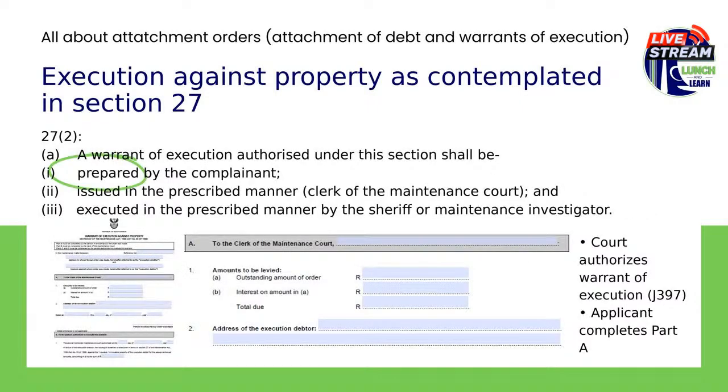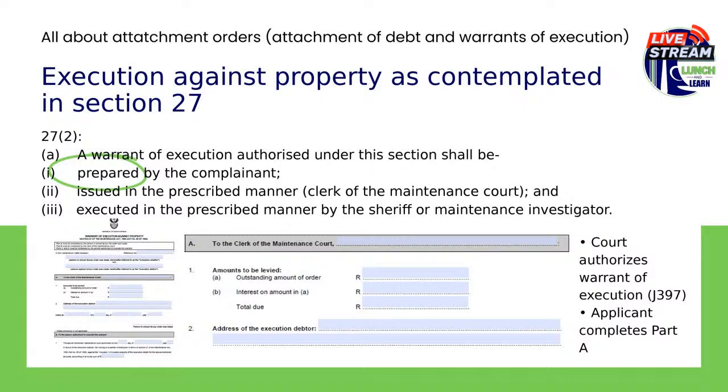So if we unpack Section 27(2), it clearly says that the warrant of execution, after it has been authorized by court, needs to be prepared by the complainant. So there's a responsibility on the complainant to prepare the documents. But it's not expected by the courts that the lay complainant actually goes out and completes all these forms, because the J397 document upon which the court authorizes the warrant of execution is only used in courts.